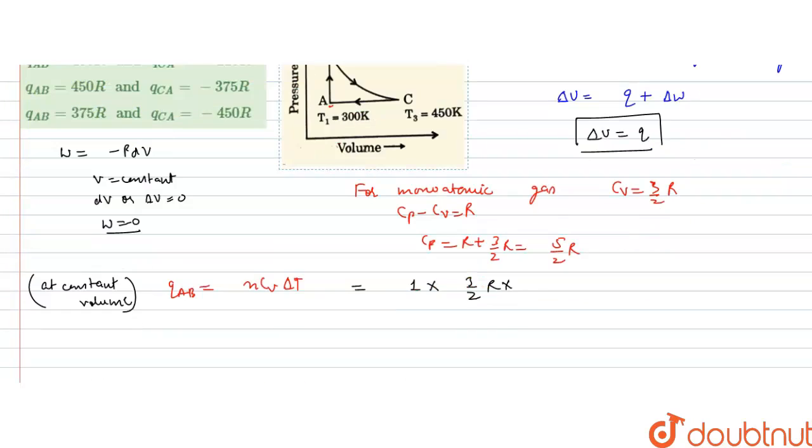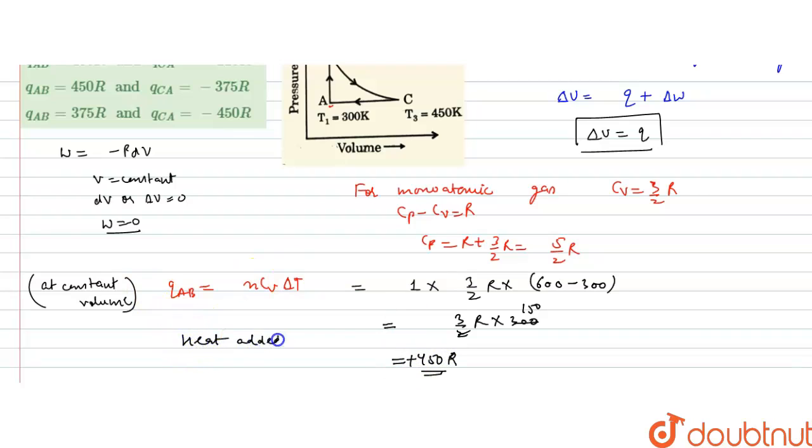So T2 minus T1 is 600 minus 300, which gives 3 by 2R into 300. So this will be 450R, and this is positive. It means this is the heat added or absorbed in the AB process, that is plus 450R.